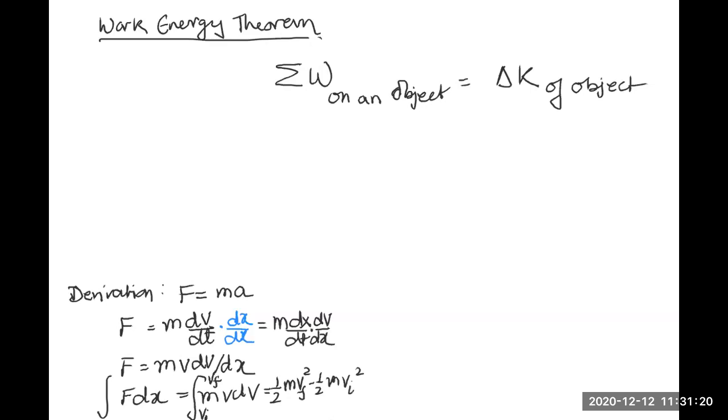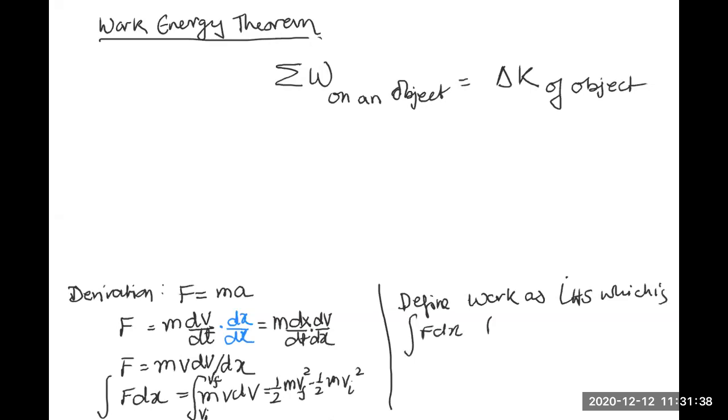So what we do is we define work as the LHS, which is integral F dx, and on the RHS we get the kinetic energy, and you all know, पहले से पढ़ा हुआ है, that kinetic energy is equal to half mv square.